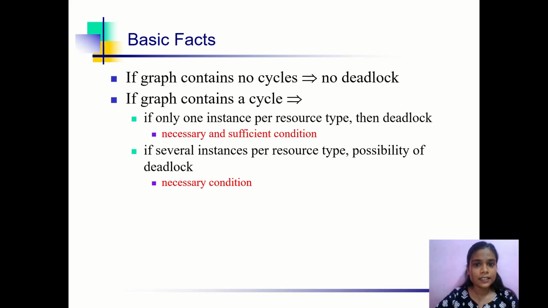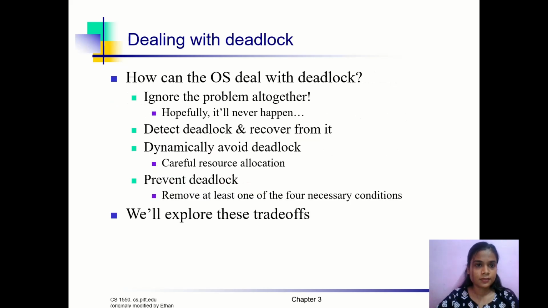If the graph contains no cycles, no deadlock occurs. But if the graph contains a cycle, if there is only one instance per resource type, then deadlock. These are necessary and sufficient conditions. If there are several instances per resource type, there is a possibility of deadlock, which is a necessary condition.